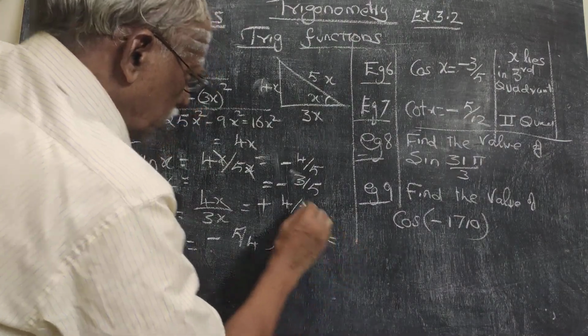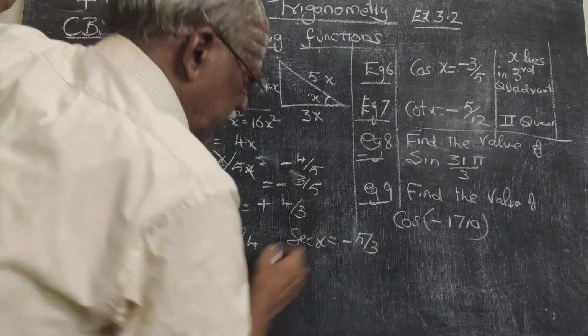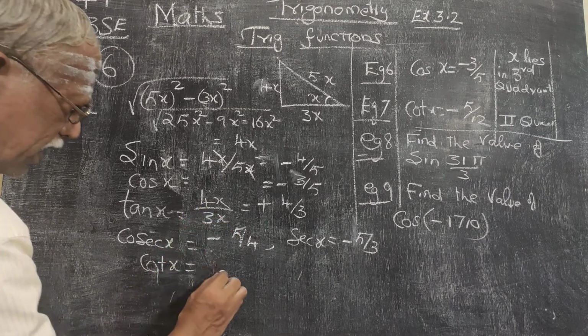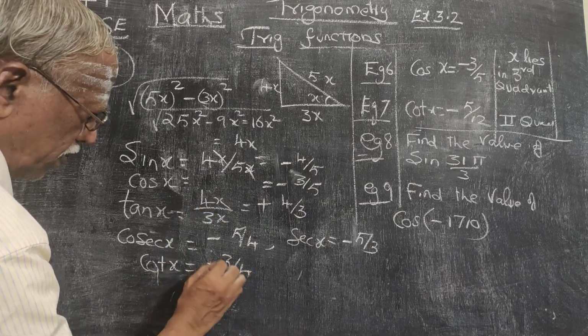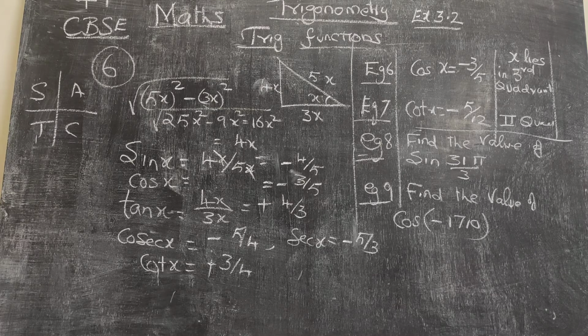That is the reciprocal of cos x, so again minus, 5 by 3. Cot x is the reciprocal of tan x, plus 3 by 4. That's all. Very simple one. Just to begin with, to make you understand where theta lies, and how to put the plus or minus sign, whether it is a plus value or minus value. Only for that. Now I go for example 7.